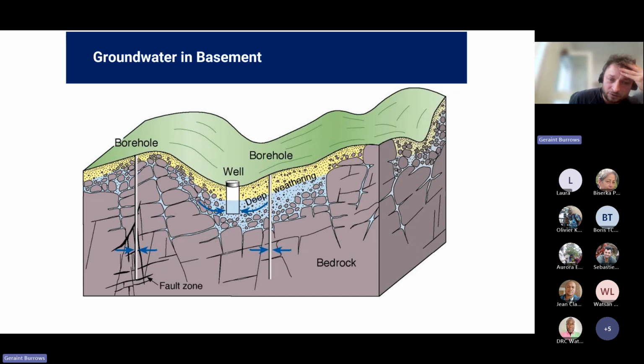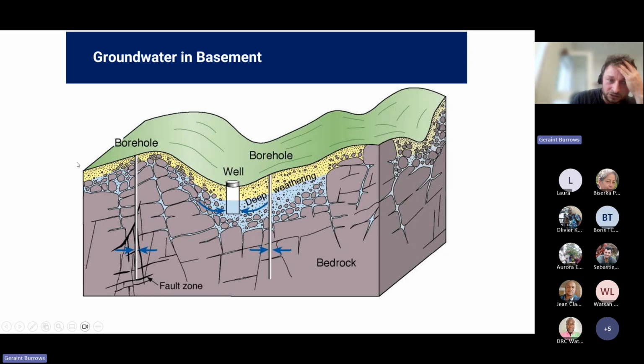I'm looking at a conceptual model here of a crystalline basement rock setting, and you can see that within this conceptual model, you have some weathering in this particular location here, with much less weathering either side of it.